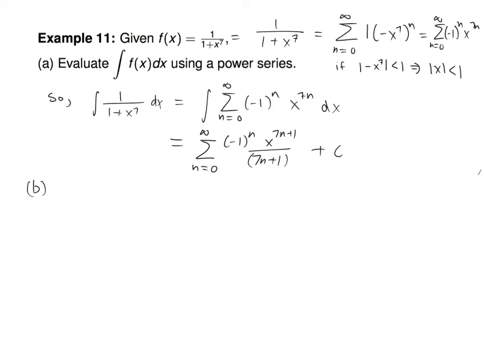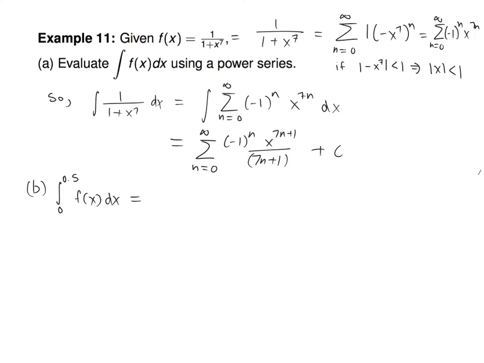So now we're going to use that in part B to find the integral from 0 to 0.5 of f of x to within 10 to the negative 7th. It's really small. So if you were doing a definite integral, you find your antiderivative, right? And then you plug in your first number minus plug in your second number, right?